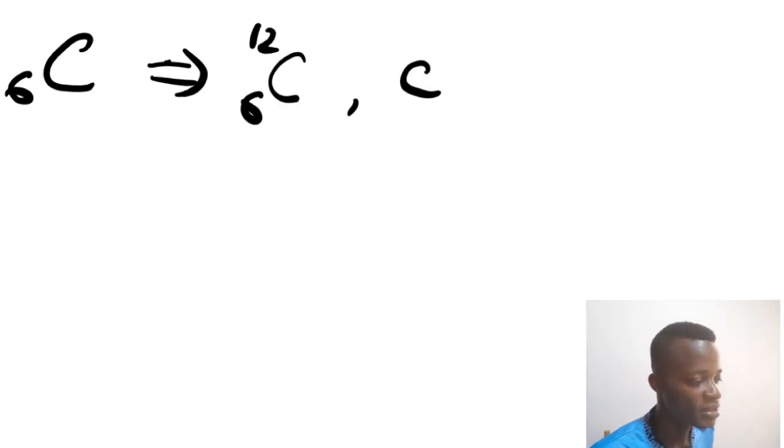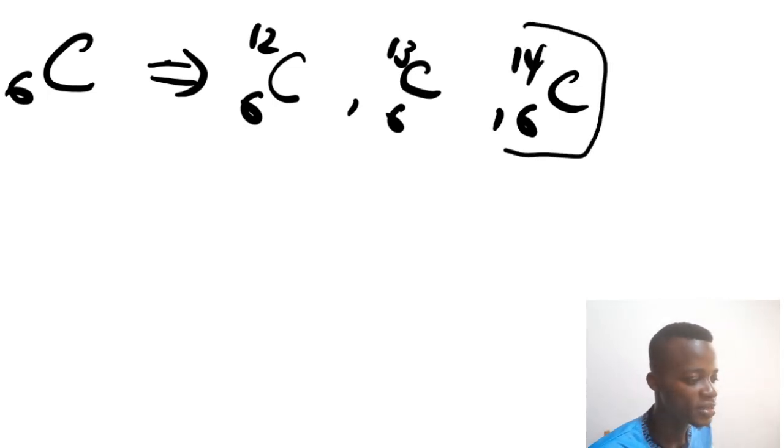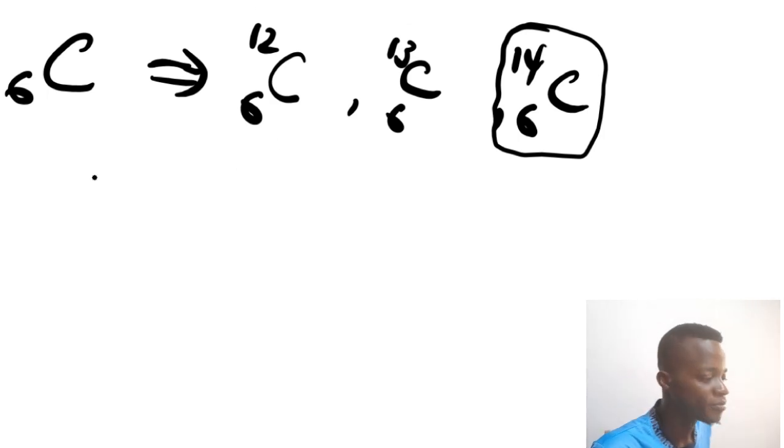We have carbon 13. We also have carbon 14, which is 6. So carbon 14. This one is for dating, for determining ages of stuff, right? It's used in archaeology and all that. So these are the isotopes of carbon.